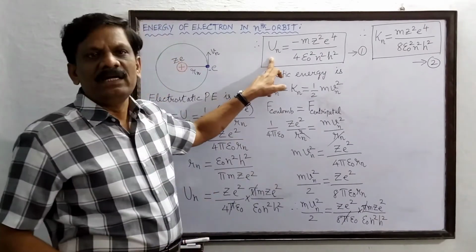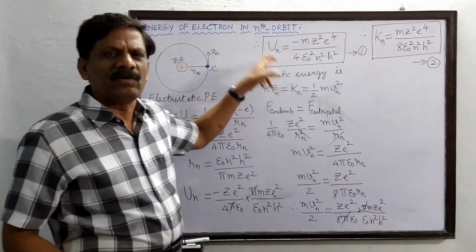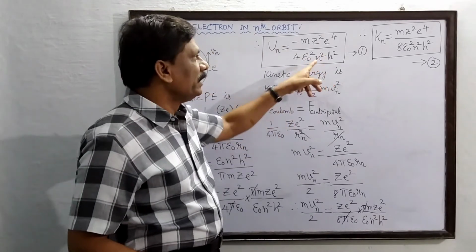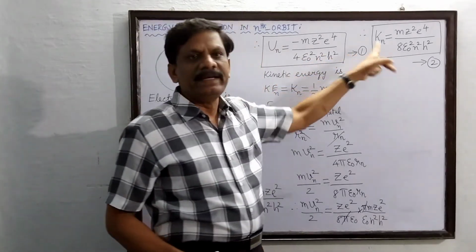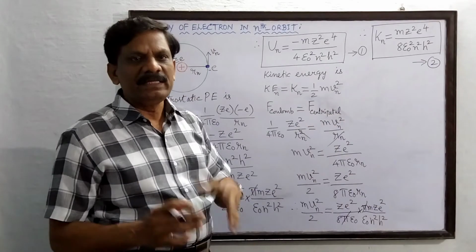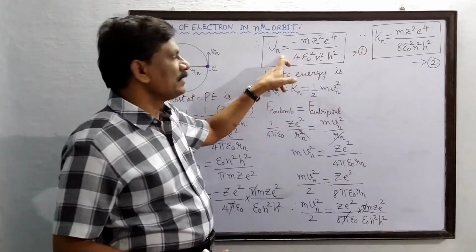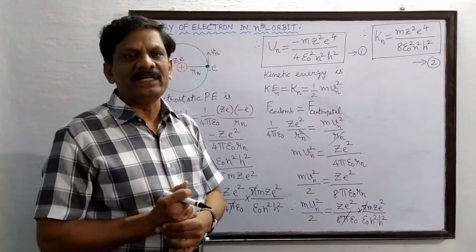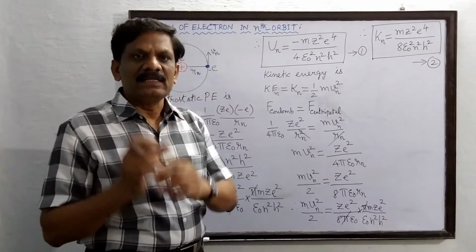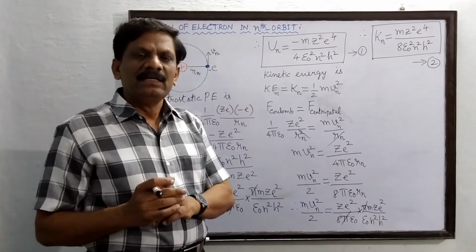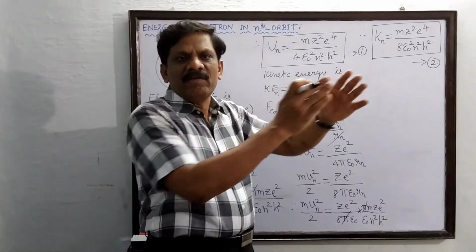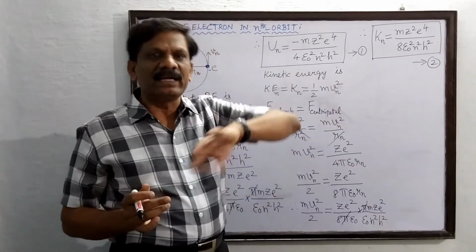Equation 1 gives what? The potential energy of the electron in the nth orbit. And equation 2 gives what? The kinetic energy of the electron in the nth orbit. Kinetic energy is positive, while electrostatic potential energy is negative, because it is equal to the work done in moving the electron away from the nucleus against the attraction.